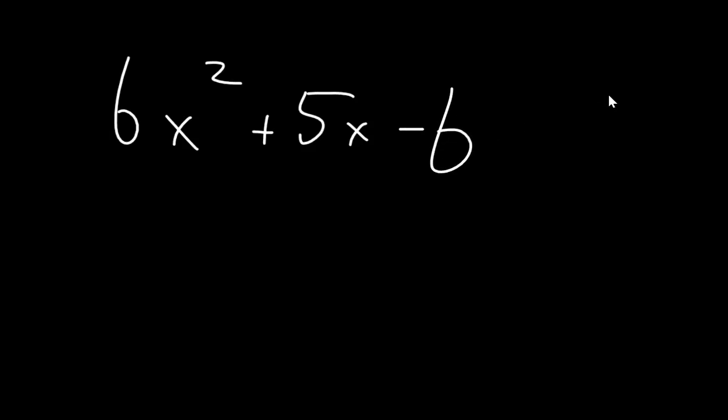Actually, let me write one that's factorable. So we'd have 6x to the second minus 6, right? We're not going to learn factoring yet, but this is not a special trinomial.